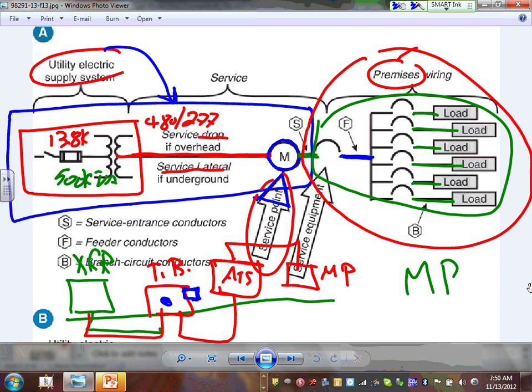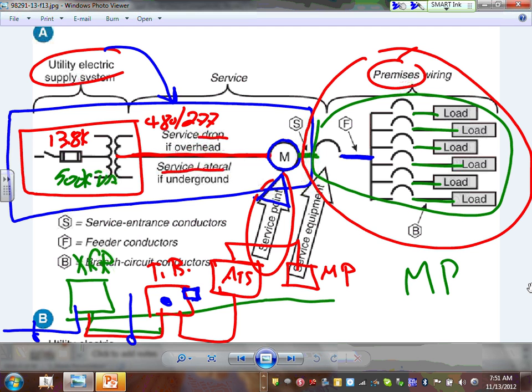So who's doing what? This is your service lateral. Can you see that? That's owned and operated by Excel. The high voltage side is this side, here's my high voltage transformer. This is a service lateral because we're going underground. If that was overhead, that would be a service drop.